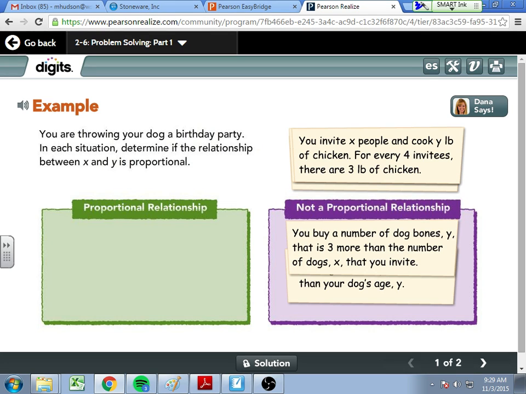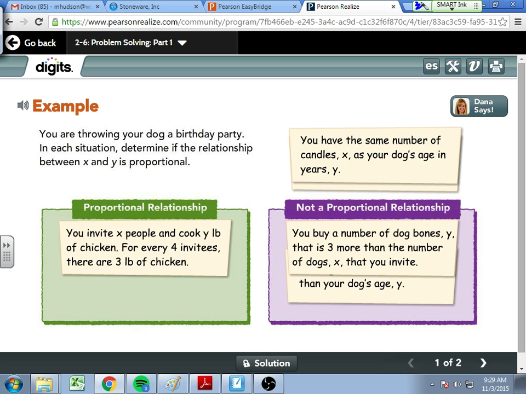Franny, what about you invite X people and cook Y pounds of chicken. For every 4 invitees, there are 3 pounds of chicken. It is proportional. Now, how we would write that situation, and guys, I would be writing down at least some of these equation examples. So over here, we had the equation Y is X plus 3. That was not proportional. Y is X minus 8. That was not proportional.